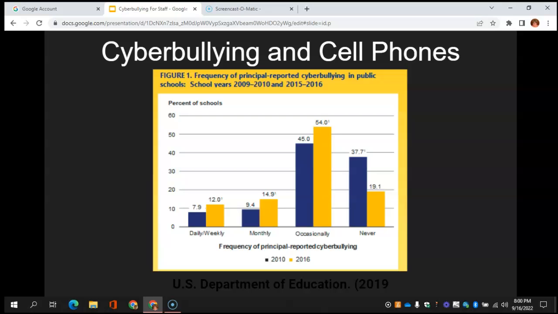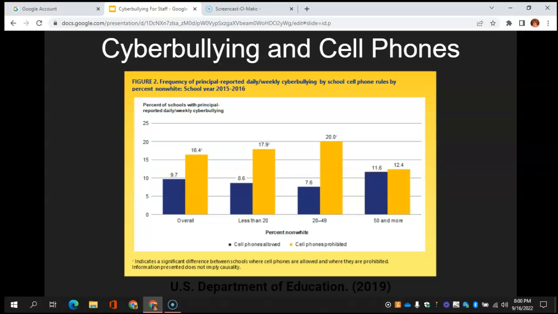You can see that if it was reported daily and weekly, and then as it goes monthly and occasionally, it gets higher. In fact, you can see that it almost tripled there. And so this is the frequency of principal-reported cyberbullying in public schools as far as cell phone usage.